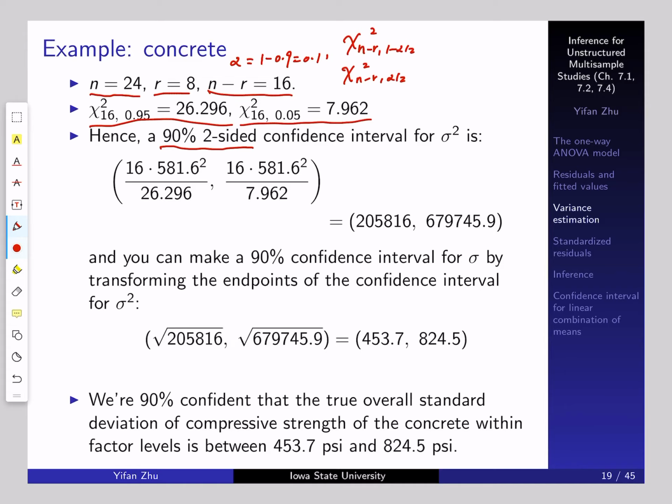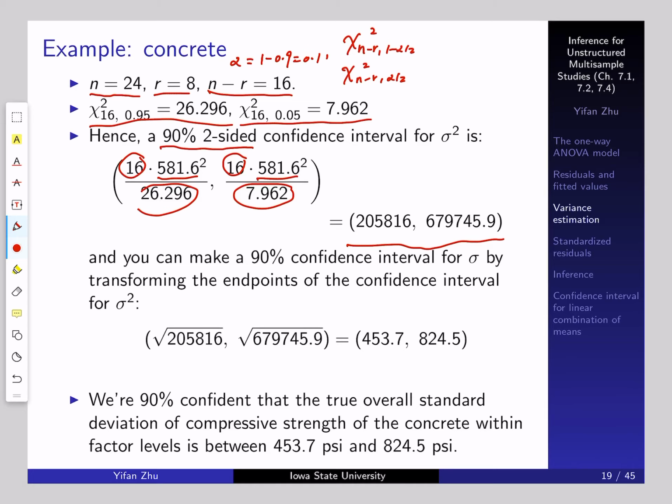And plugging into the formula for the two-sided confidence interval for sigma squared, in the numerator we have n minus r times s_p squared, and in the denominator we have these two quantiles, and it gives this interval.